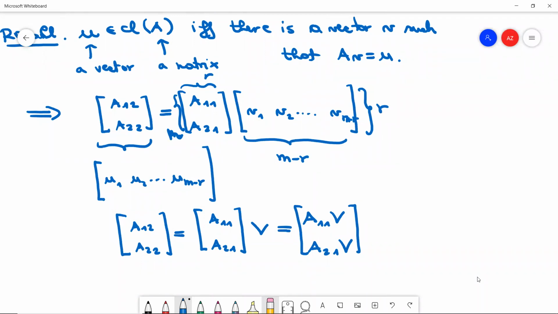From the first equation, we get that A12 is equal to A11 V. And from the second, we get that A22 is A21 V. And what can we do now? How to get rid of this V?